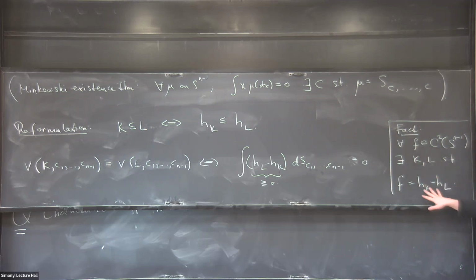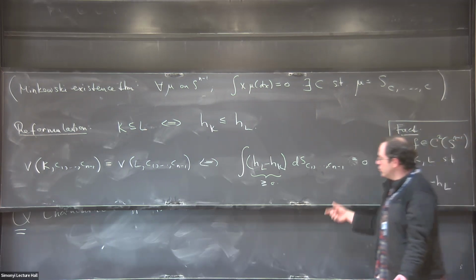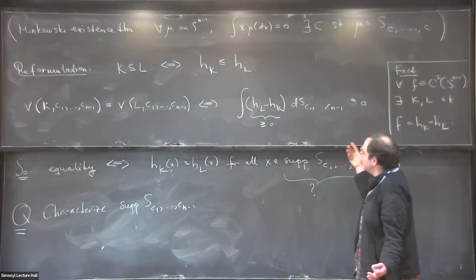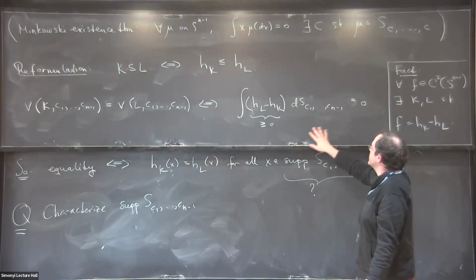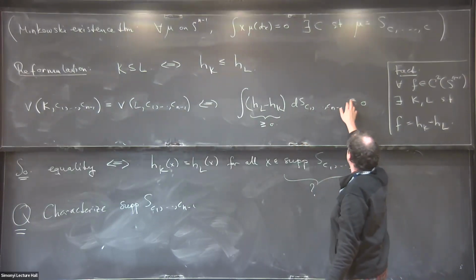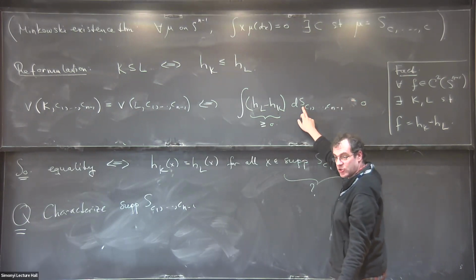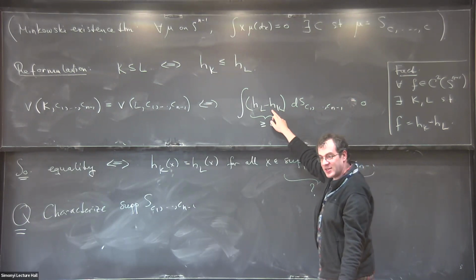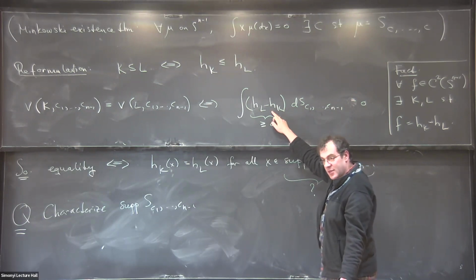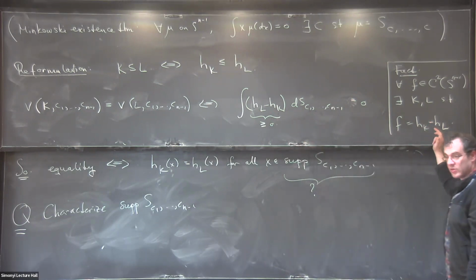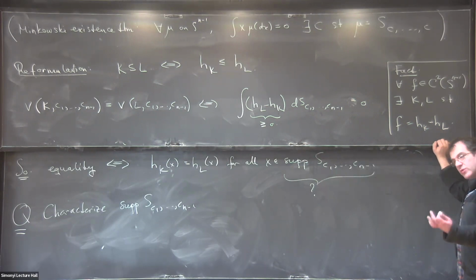If you take support functions that are not C2, of which there are many, you do not necessarily have an analogous statement. But it's not a problem for us. For example, if you wanted to show that this inequality, greater or equal to 0, implies that this is a positive measure, it's enough to test that on non-negative C2 functions. And therefore, you reduce back to the statement about convex bodies. So that's usually how we do the translation.